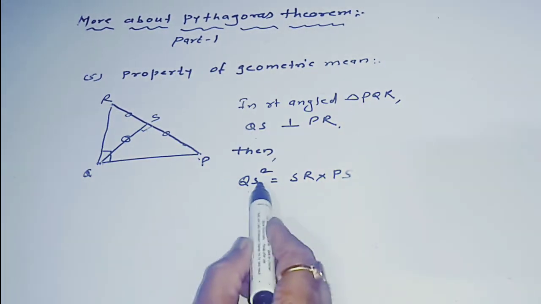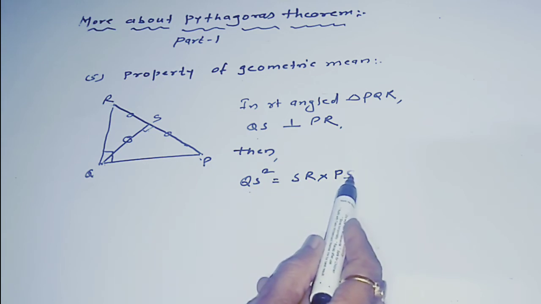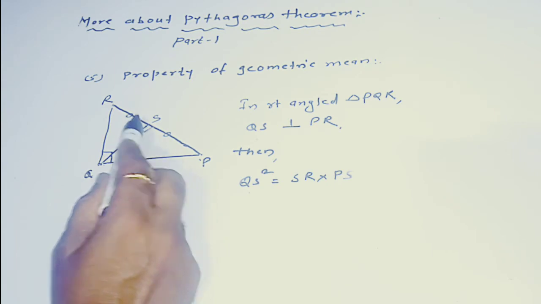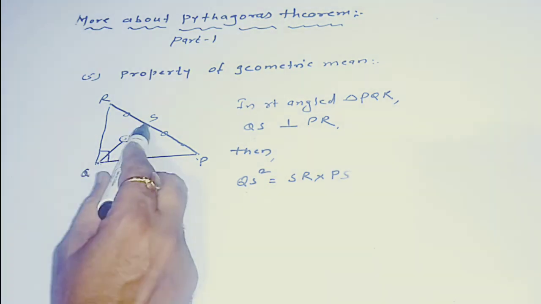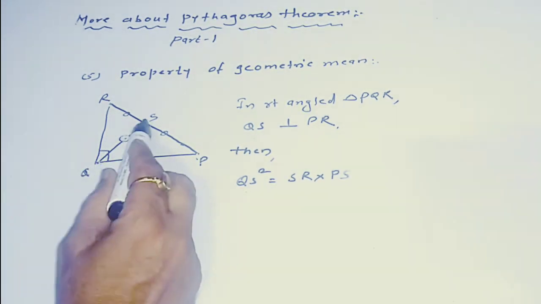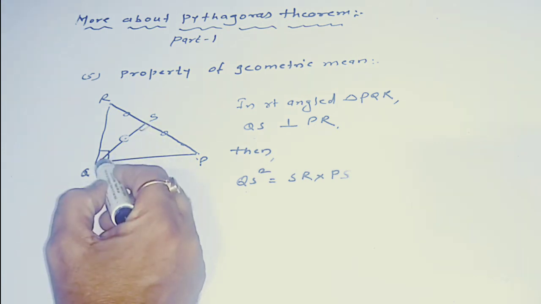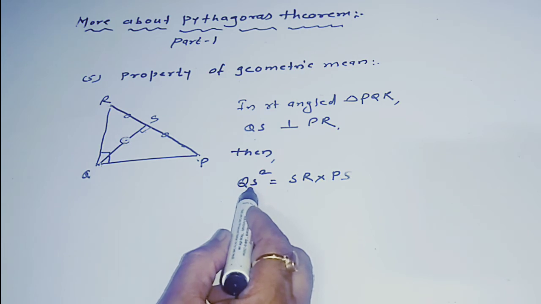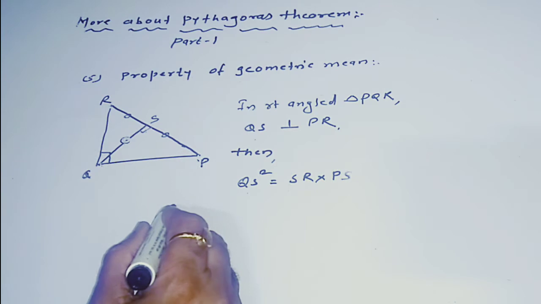Then we have QS square equal to SR into PS. This QS is the segment which divides the hypotenuse. QS is called the geometric mean, and QS square is equal to SR into PS.